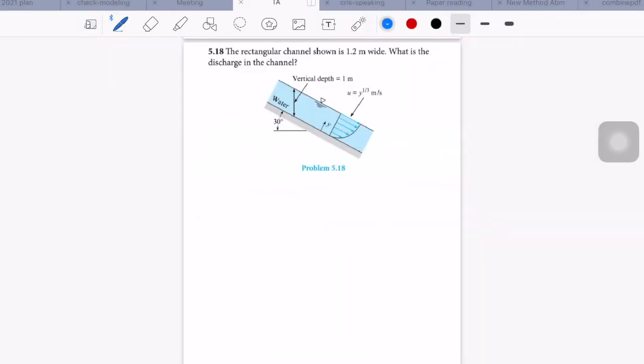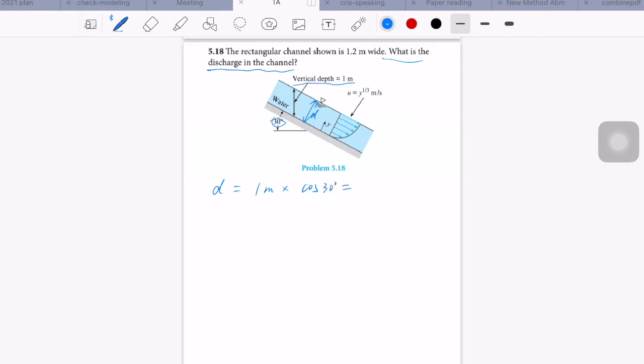For the fifth problem, we also need to determine the discharge in the channel. From the problem, we know this is a rectangular channel with a 30-degree incline, and the vertical depth equals 1 meter. So we can determine the water depth D. The water depth D should be equal to 1 meter times cosine 30 degrees.